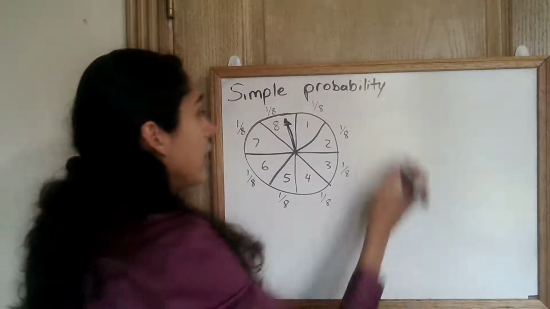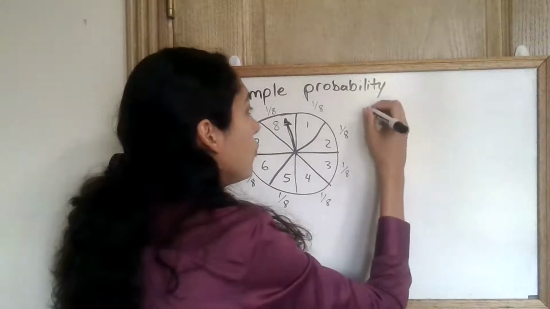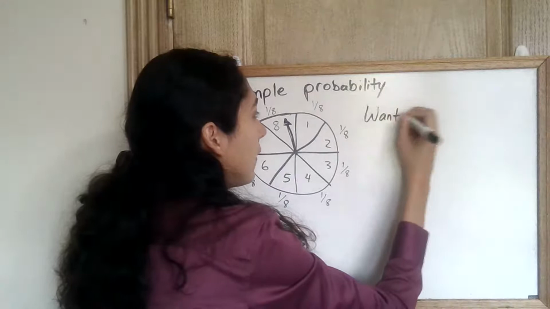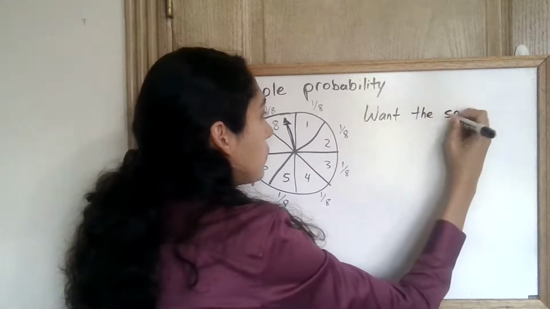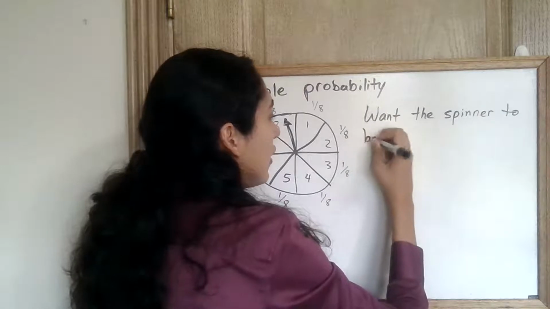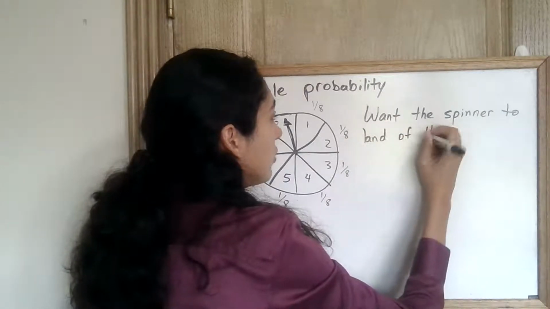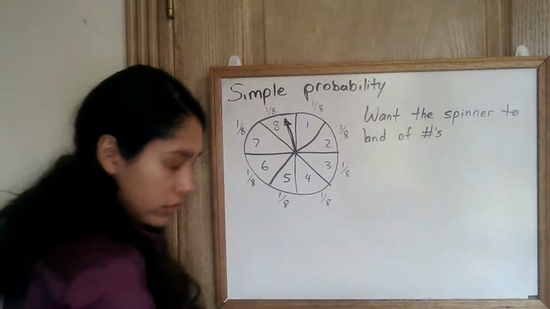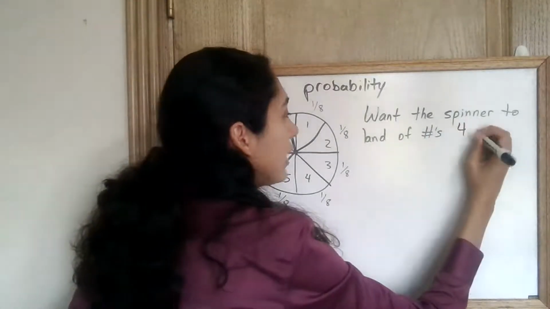So let's say that you want the spinner to land on numbers 4 and 2.